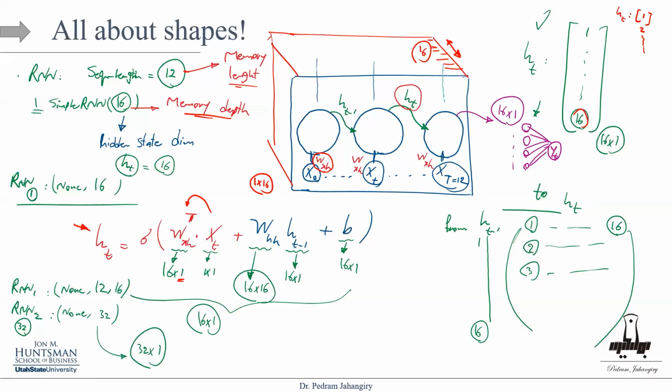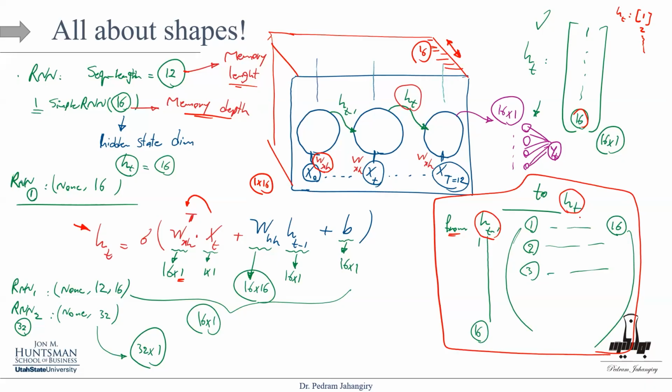This is pretty much like the transition matrix in a Markov process. Just bear with me. Here, I'm saying from previous state to next state, from to. This is just like a transition matrix, right? And you see that because I have 16 of them, this is going to be 16 by 16. From to, again, from the previous 16 to the next 16.